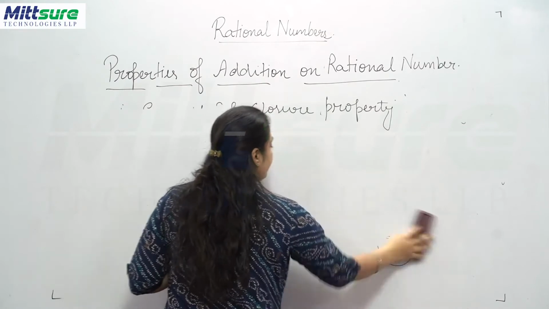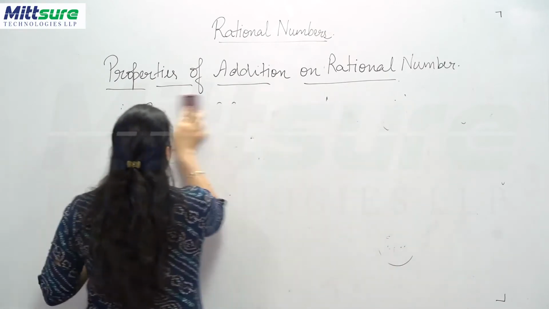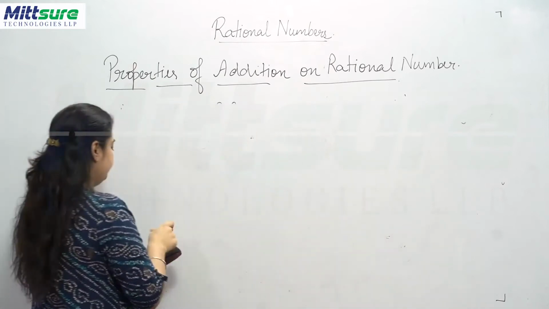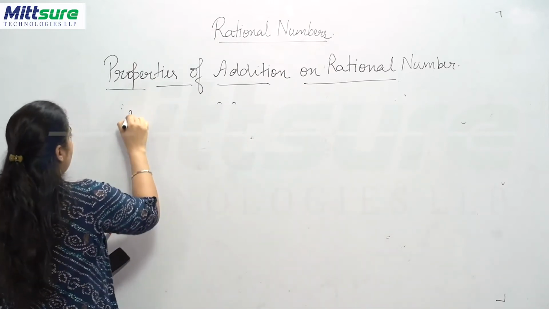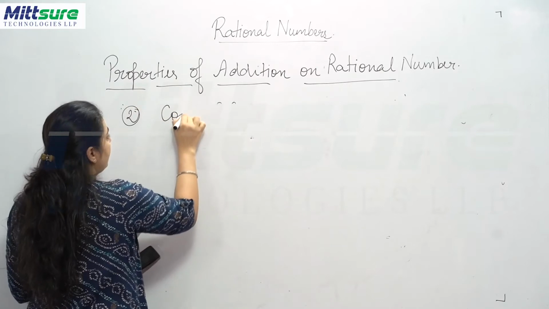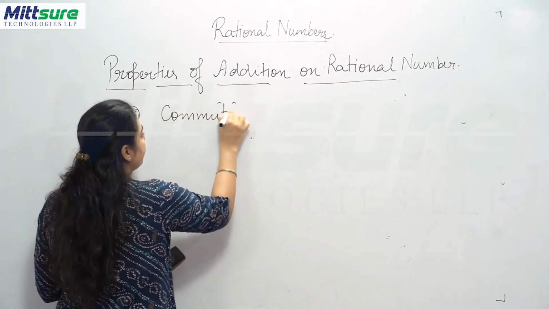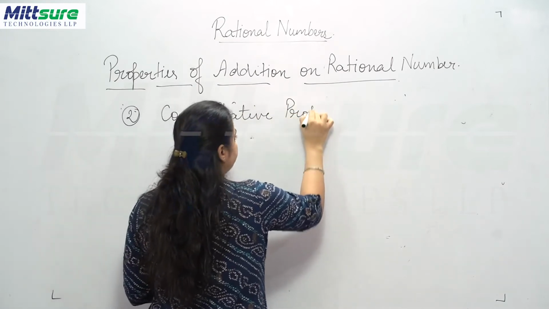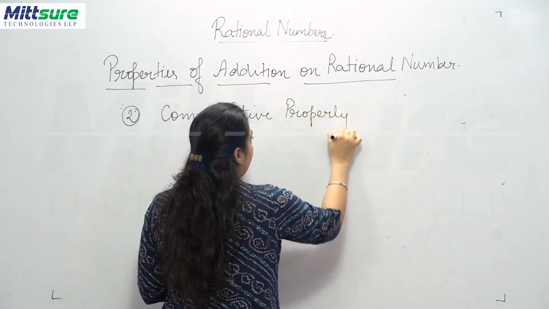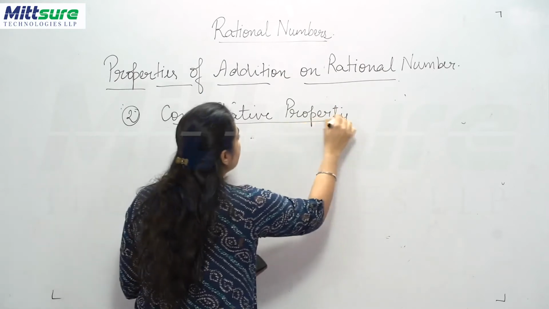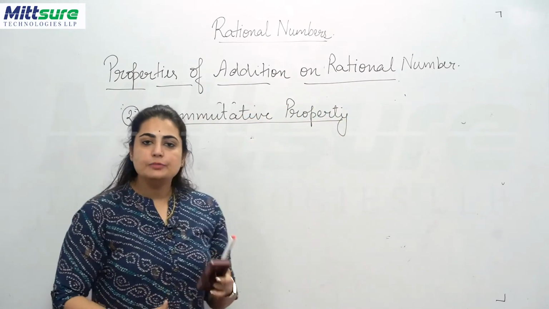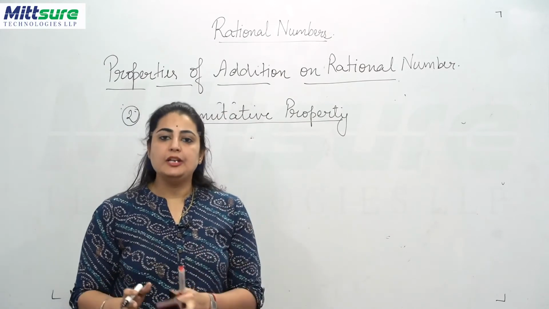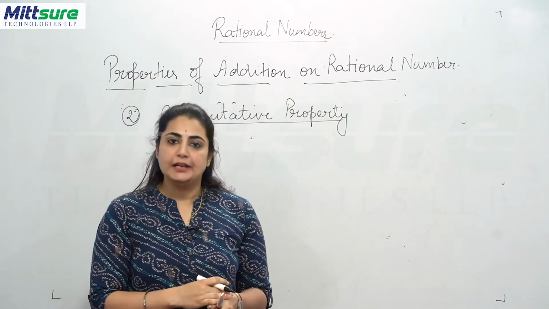That is the commutative property. This property basically talks of the arrangement of the numbers, that is the rational numbers arrangement when we are doing the addition.